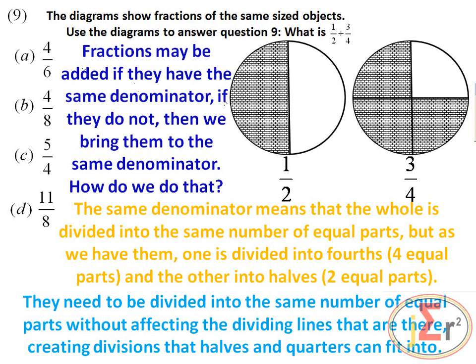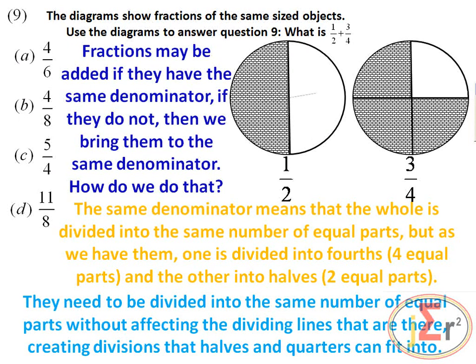Why do we say divided in such a way that the divisions are the same? Because the number of equal parts that the whole is divided into will tell us the denominator of the fraction. So if the fractions have the same denominator, it means that they are divided into the same number of equal parts. So we have done that already.